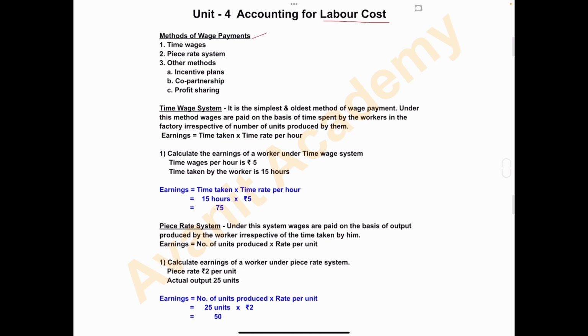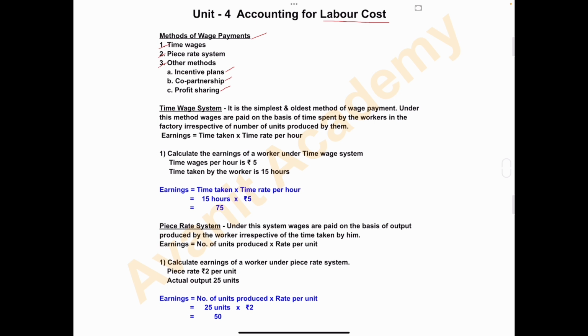Number one, time wage system. Second, piece rate system. Third, other methods, in that incentive plans, co-partnership, and profit sharing. So we'll study all these methods in this chapter and we'll solve problems on these methods.